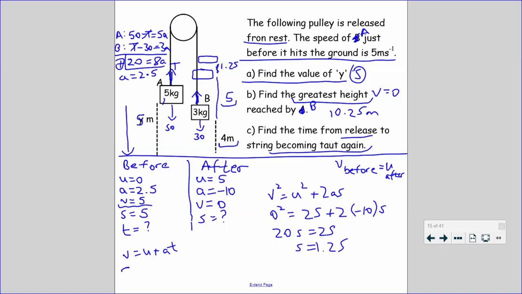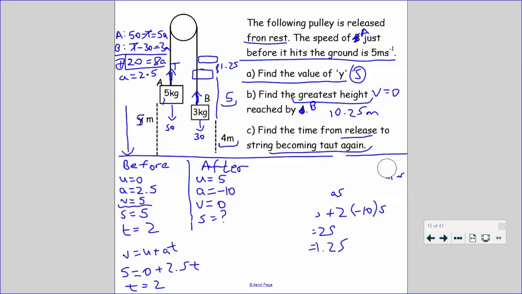V is 5 and U is 0 and T will equal 2. So 2 seconds. Right, so this is the before model. Then we have to add the time after it hits.